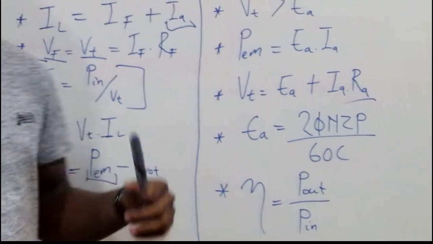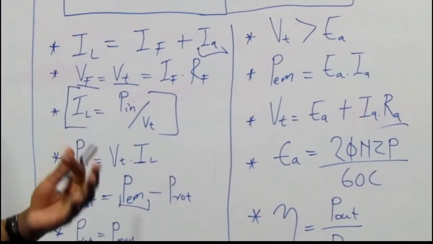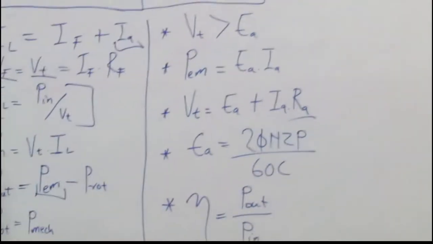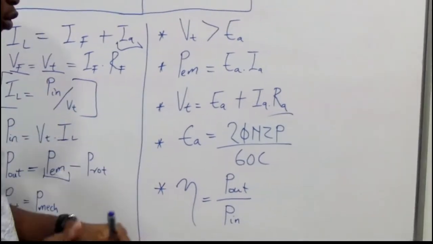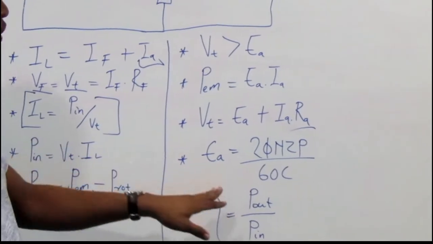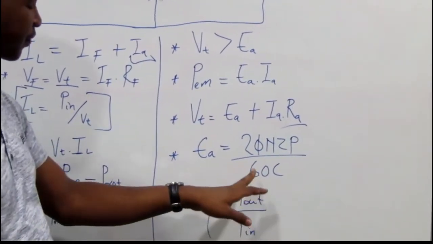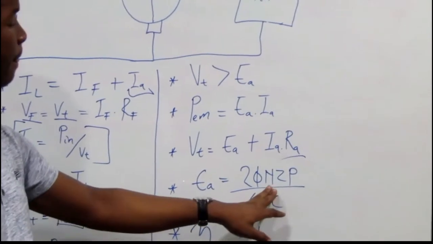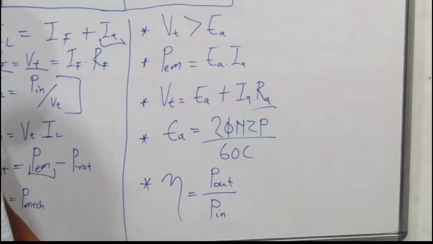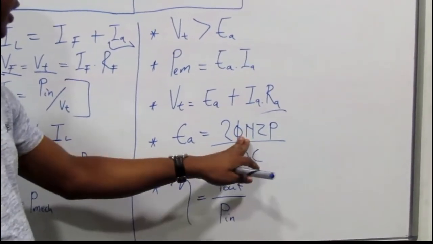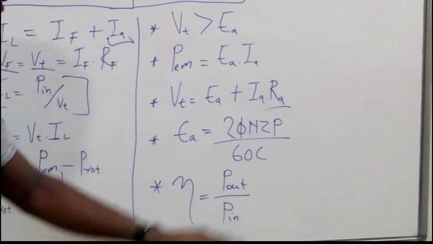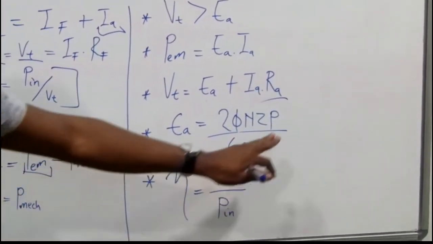Sometimes they can say calculate the rotational speed of the circuit. The only way to calculate a rotational speed is to use this formula. EA is equal to 2 phi N Z P over 60 C, where C is the parallel paths, phi is the flux in webers, N is the rotational speed, Z is the number of conductors, and P is the number of pole pairs.